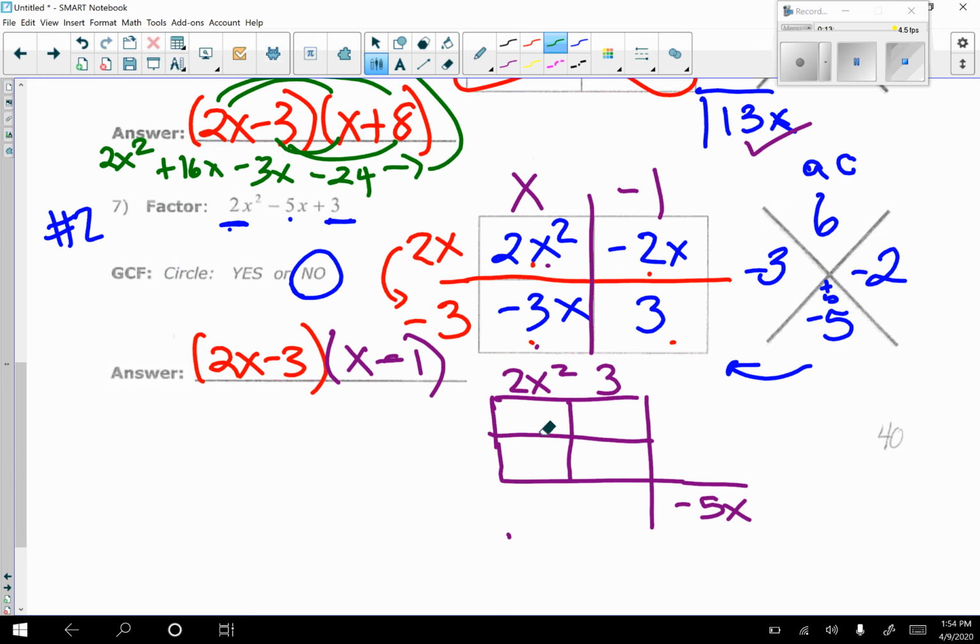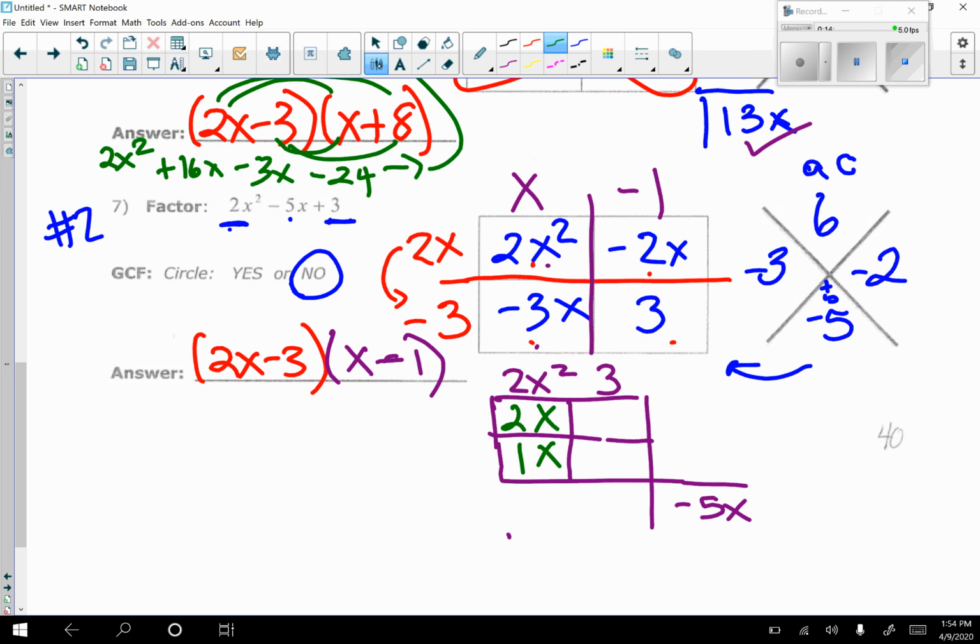Okay, I need to find two numbers that multiply to 2x squared. Okay, that's 2 and 1, x and x. And I need to find two numbers that multiply. That's only 3 and 1. Now you might have to test it around here. 3 and 1. Does 6x plus x give me negative 5x? No. Okay, so I know that's not right.